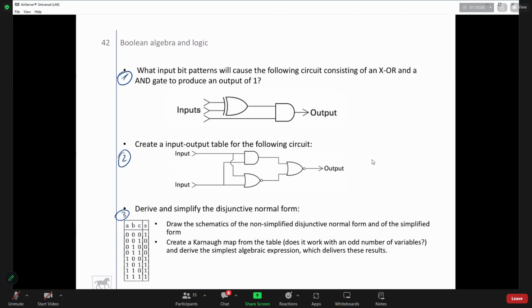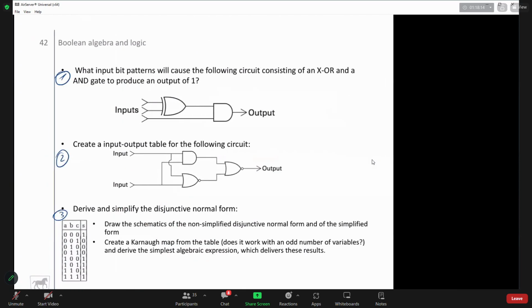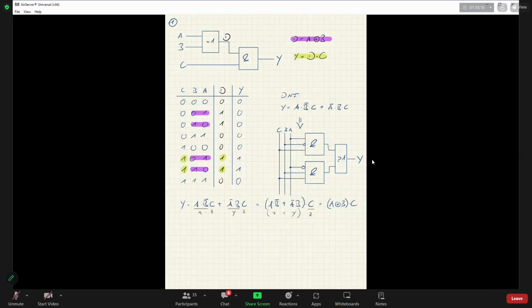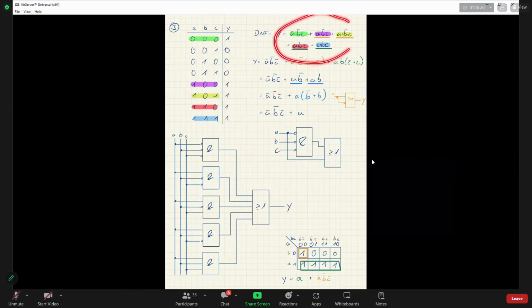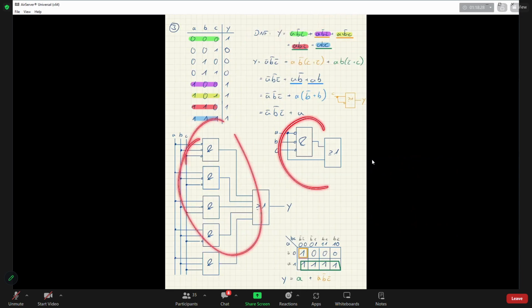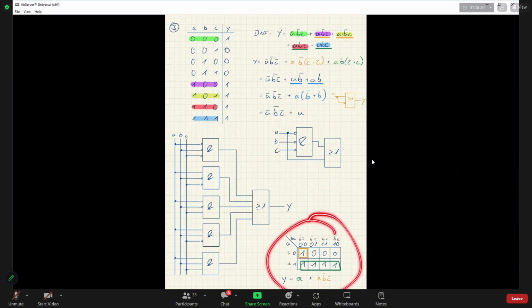And then you have to use the K-map approach to simplify the truth table. And that has to be the same result. Otherwise, there is something wrong. So that's what we did here. We noted the DNF. We simplified the DNF. We drew the general DNF. We drew the simplified DNF. And we have proven with the K-map that our simplification of the DNF was correct.